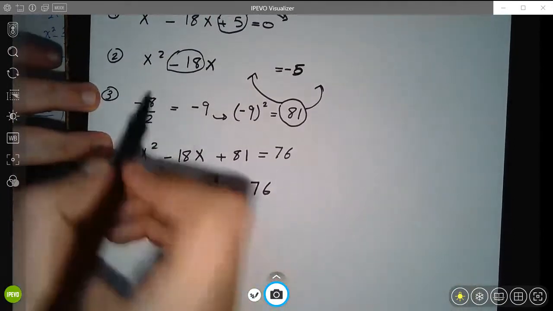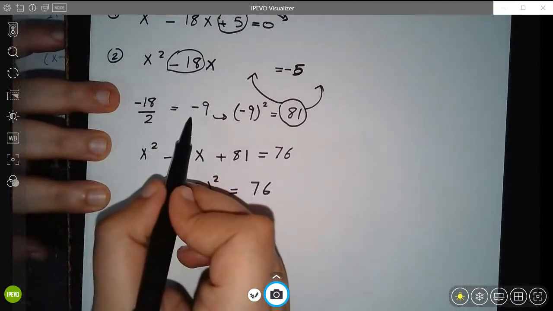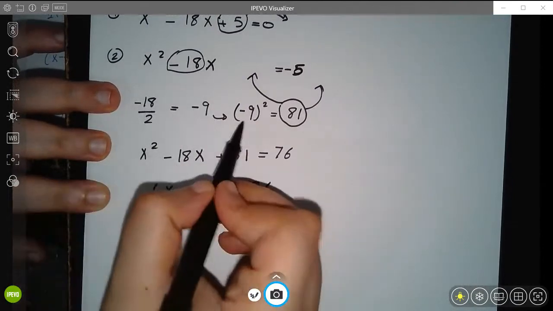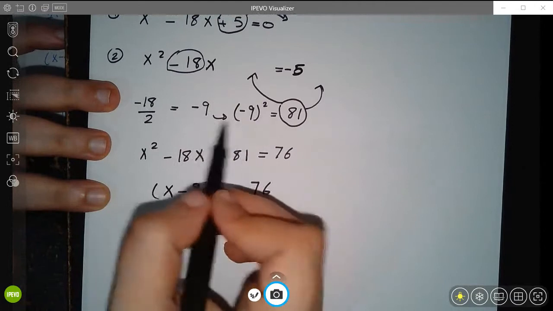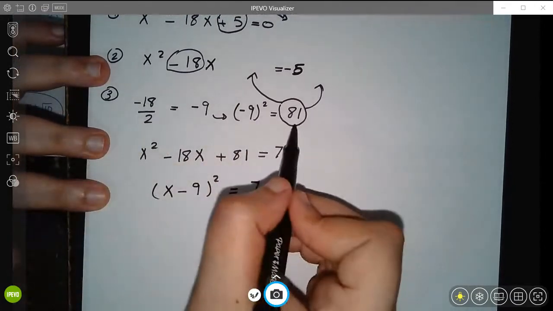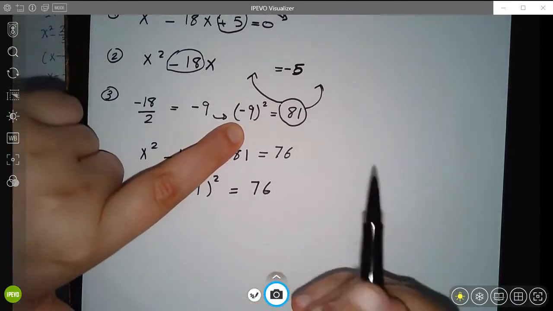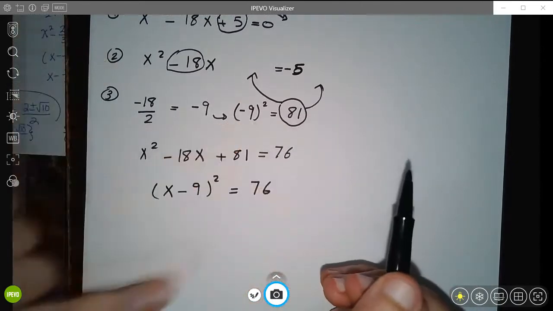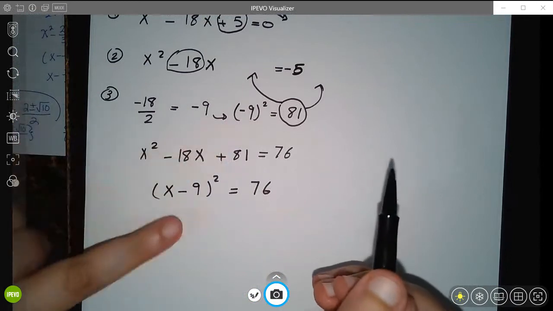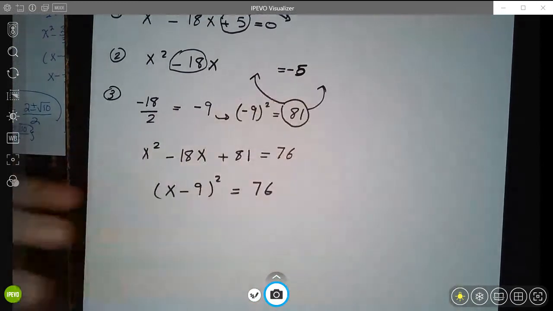So don't take the 18, you take the negative 9, the result of the division or the number you squared. Remember it any way you want to. Just please don't give me the 18 itself or the 81. I've seen people do that. It's the negative 9, the one you squared, okay? Which goes in here, along with its sign. Make sense? So now we completed the square.